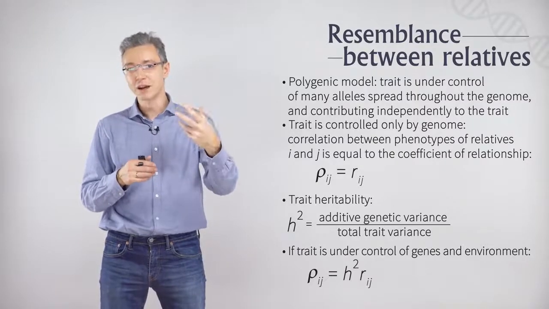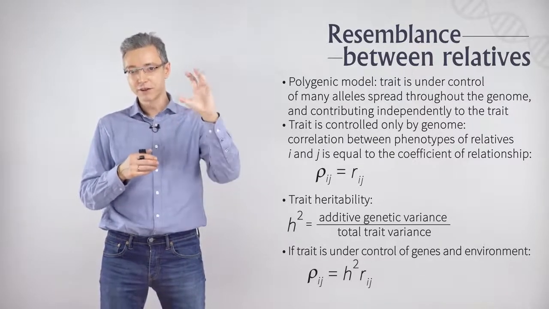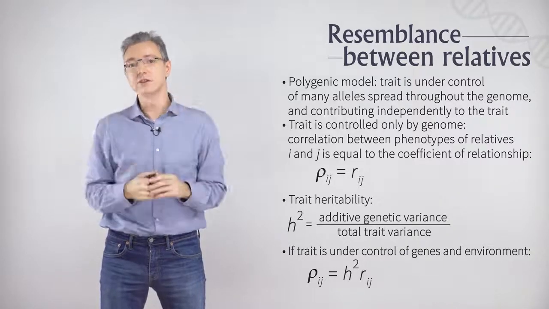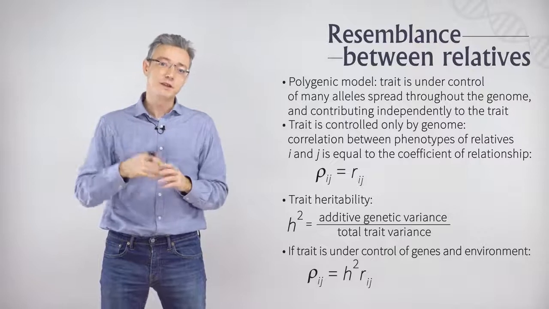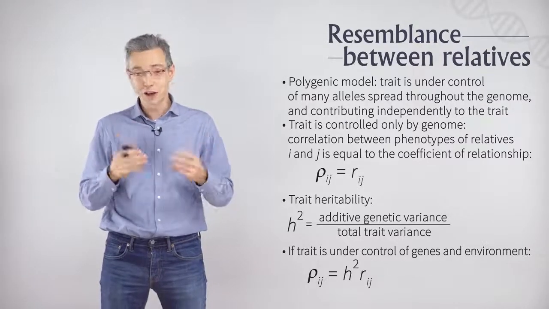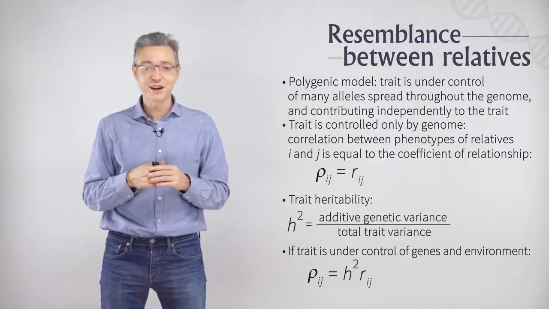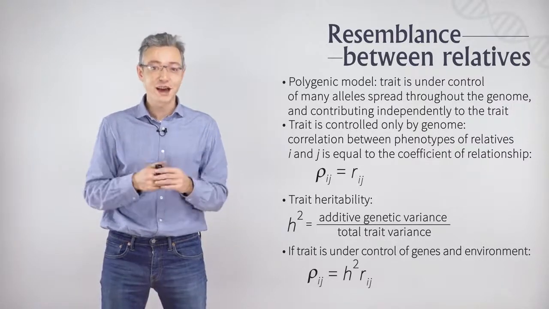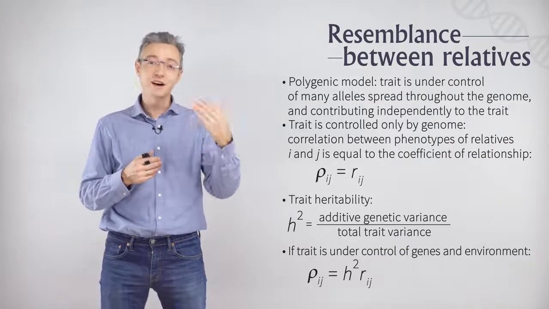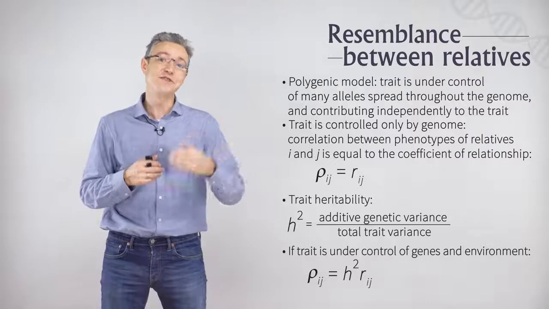The greater the effect of the environment, the smaller these coefficients will be, and the faster the resemblance between relatives falls. This scaling coefficient is known as the coefficient of heritability, and it's defined as the proportion of the trait's variance which is under the control of additive genetic factors.